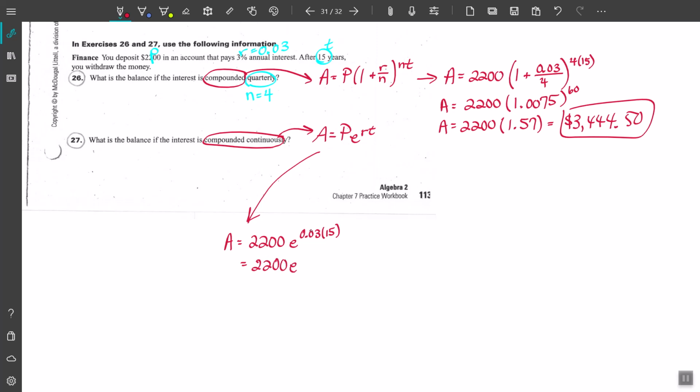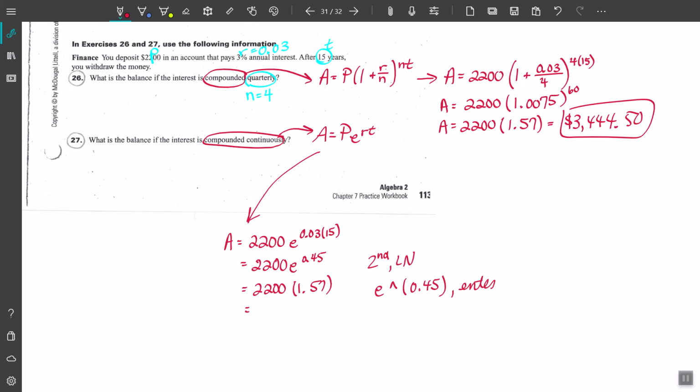Multiply those two together, and I get 0.45. When I raise e, so now you want to use that second ln. It's going to pop up with e caret parentheses. You want to put in 0.45 and then hit your enter key. You should end up with 1.57.